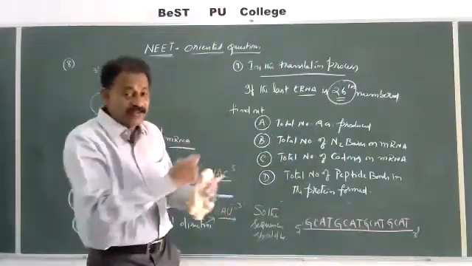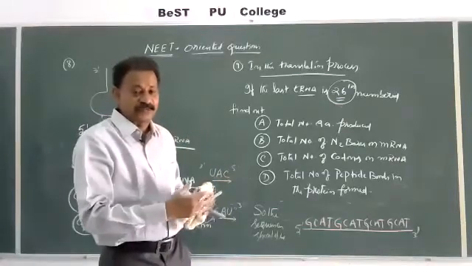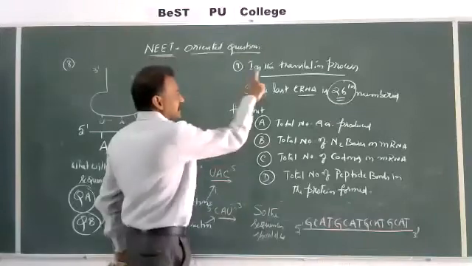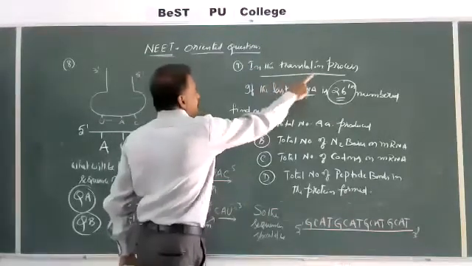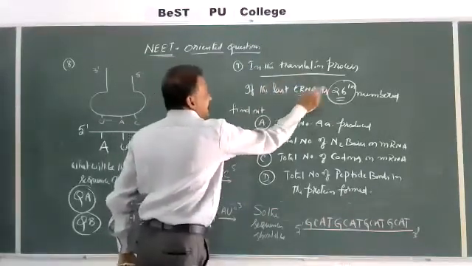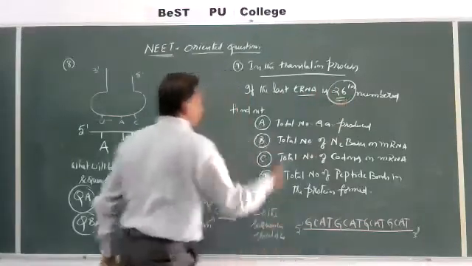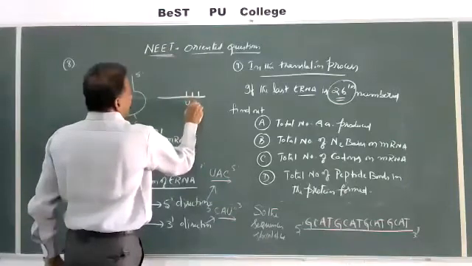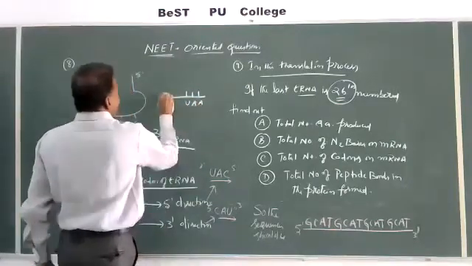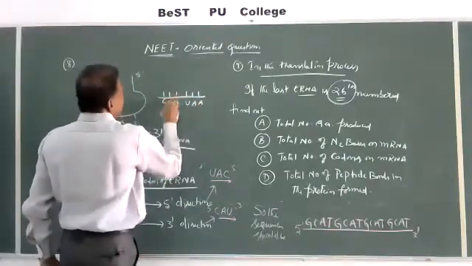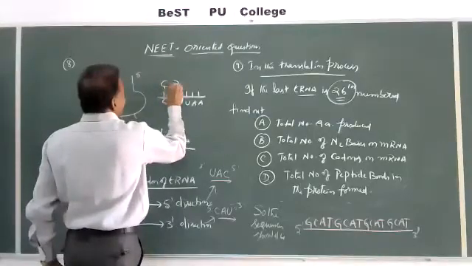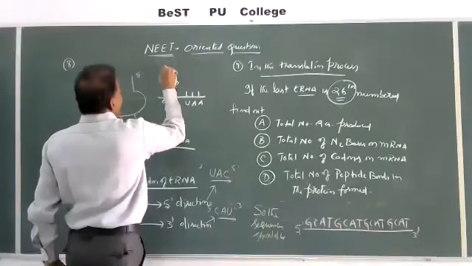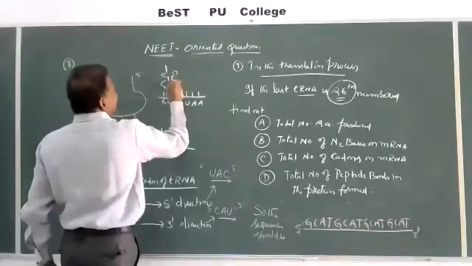So the complexity of the question, my dear students, goes on increasing. In a single question: translation process, if the last tRNA is 26th. So remember the process, UAA, here GGG, this is the last tRNA. Its number is 26.